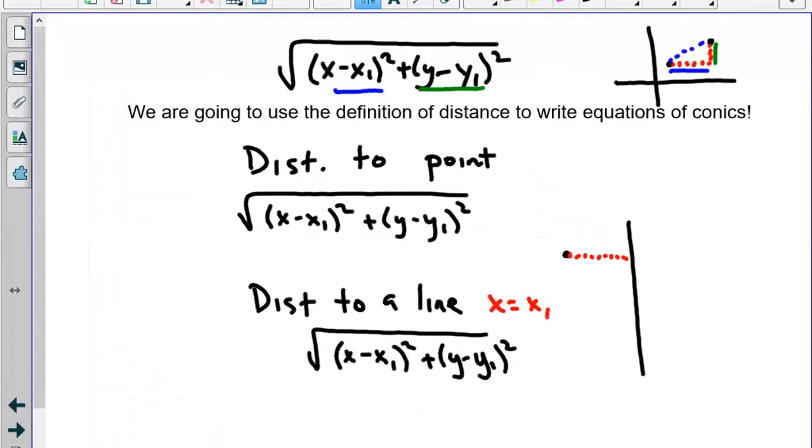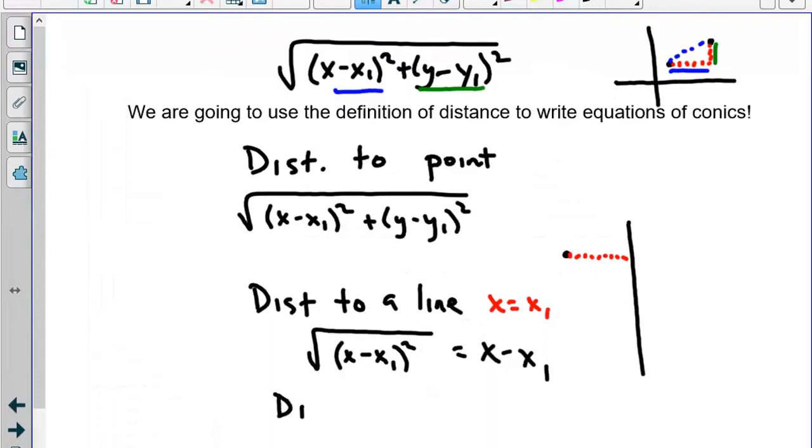But this y value doesn't change. If you look at this red dotted line, there is no change in the y value. There's only a change in the x value. So this y minus y1 doesn't change. So we're really only taking the square root of (x minus x1) squared in this particular case, which is really just x minus x1. So we're finding some horizontal distance.